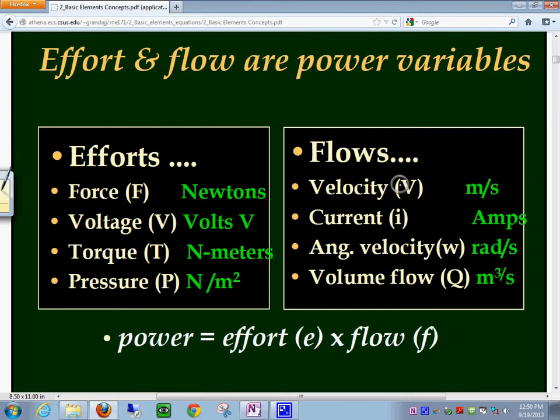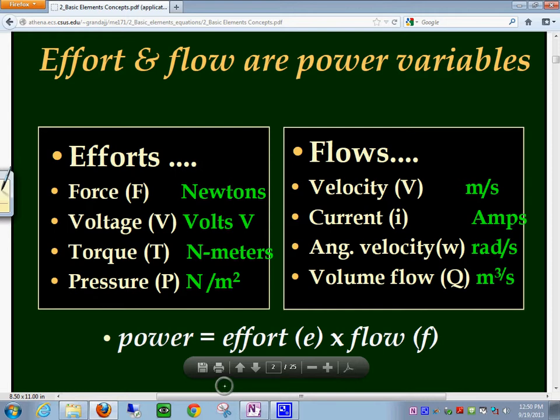And on the right hand side we have the flows: the velocity on a mechanical system, the current on an electrical system, the angular velocity on a rotational system, and the volume flow rate. So what we're trying to say is that the product of any of these two is always power.